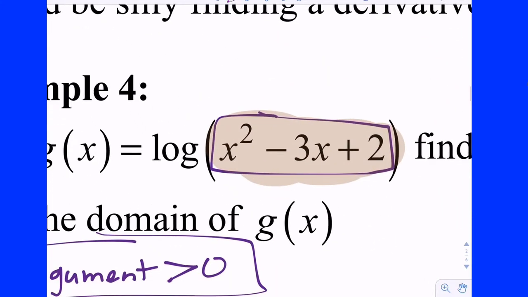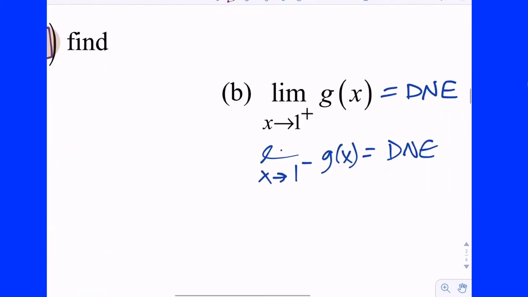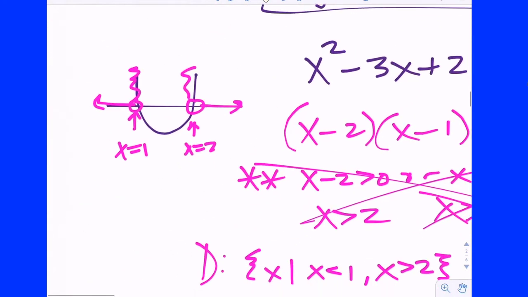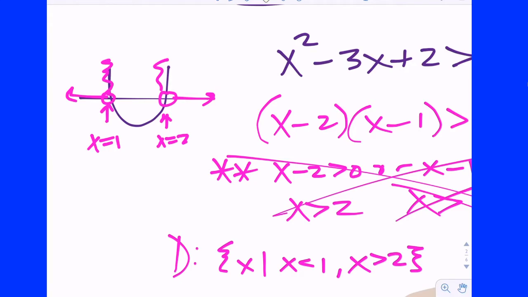Yeah, plug in a number just to the left of 1, like 0.99. Now, I don't want to have to come up here and plug 0.99999 squared in there, so now I'm just going to guess infinity. No. Remember what this graph over here was? This was a parabola. This represents your argument.